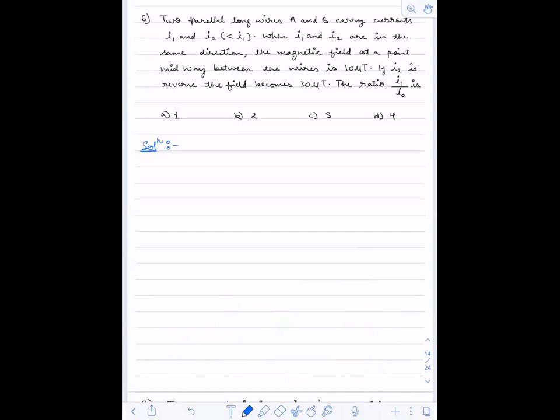Okay, so just see question number 6 now. Two parallel long wires A and B carry currents I1 and I2, I1 being greater than I2.